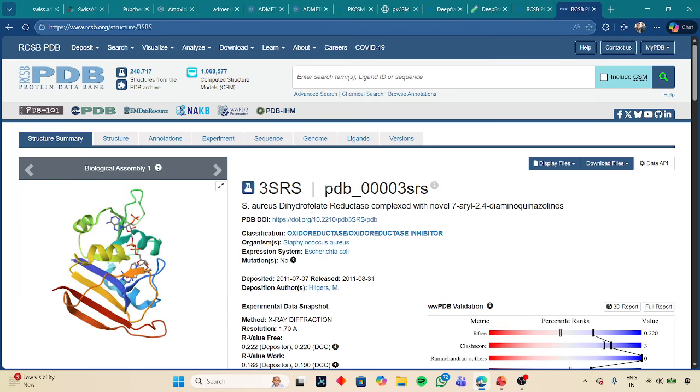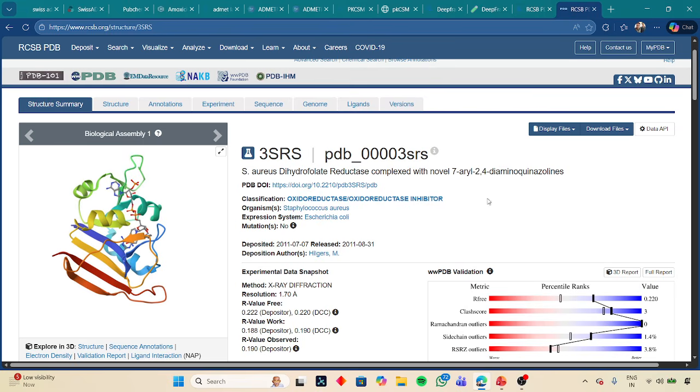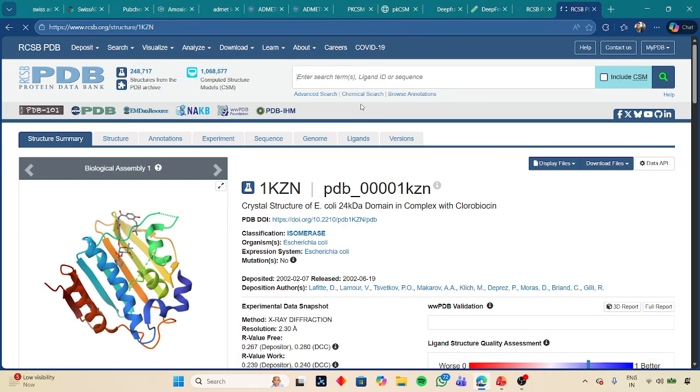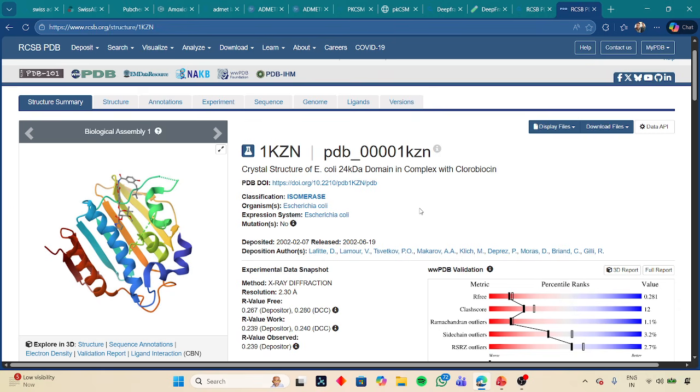You can see dihydrofolate reductase in complex with a quinazoline moiety. For DNA gyrase, we have the PDB ID 1KZN, and we are going to work on this one. The crystal structure of the E. coli gyrase domain in complex with chlorobiocin.